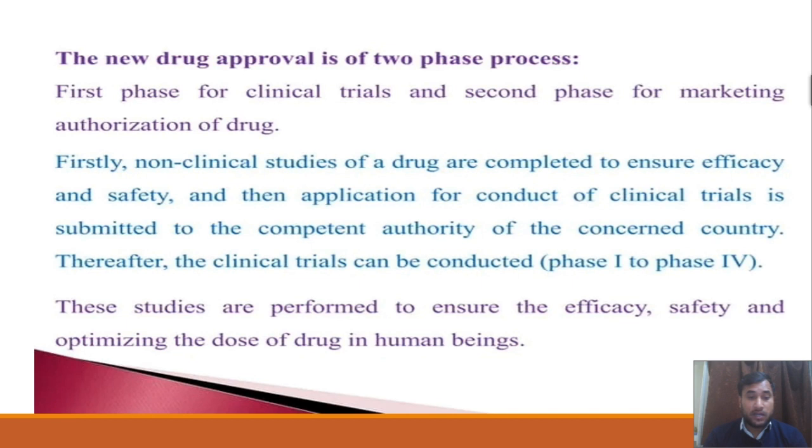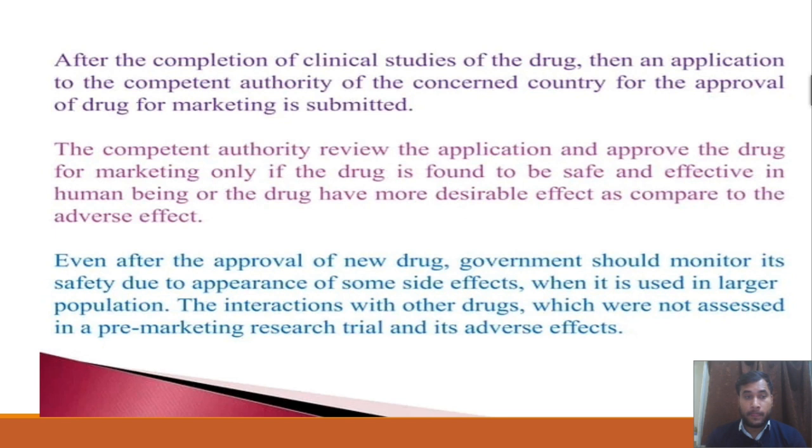These studies are performed to ensure the efficacy, safety and optimizing the dose of the drug in human beings, as well as its potency and therapeutic effect. Now move forward to the next slide.